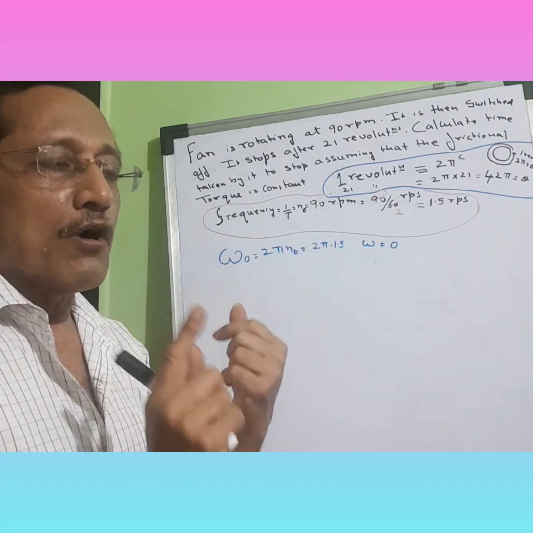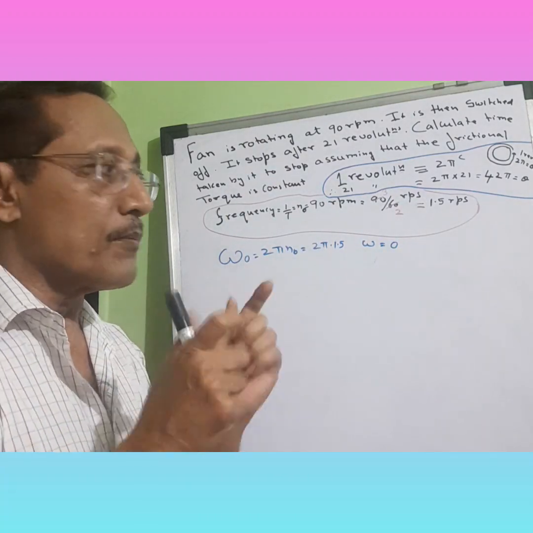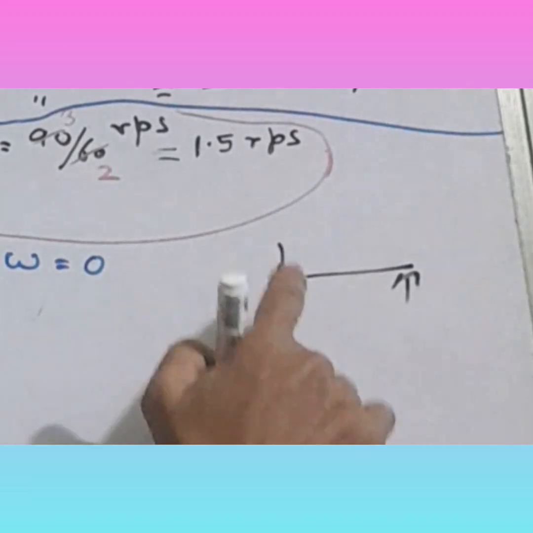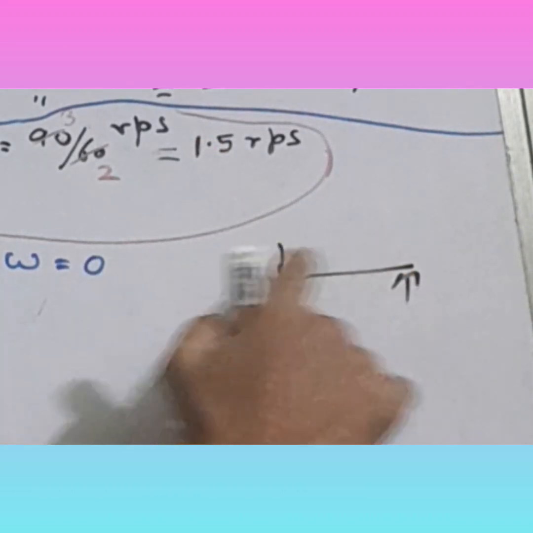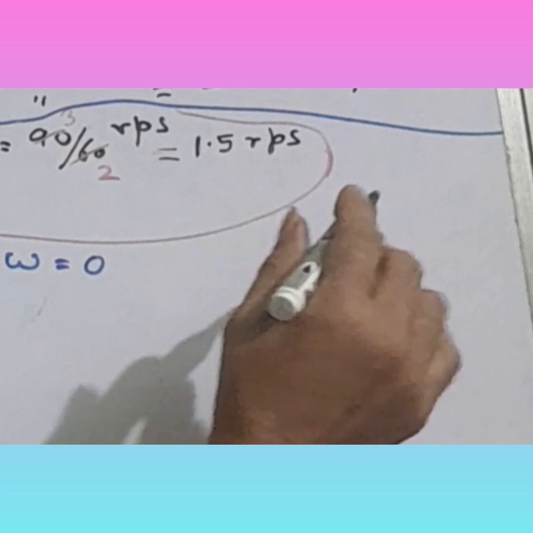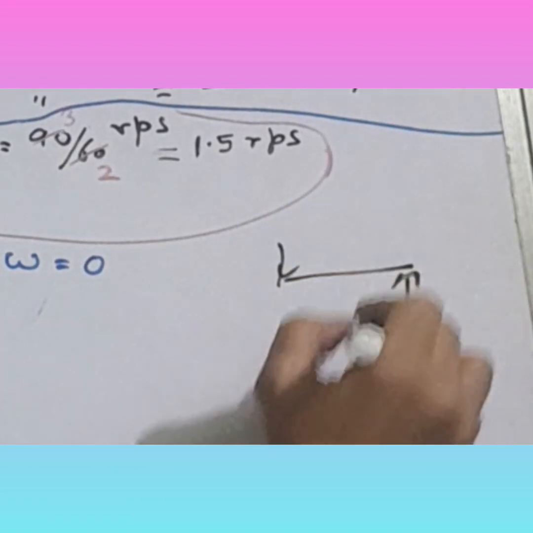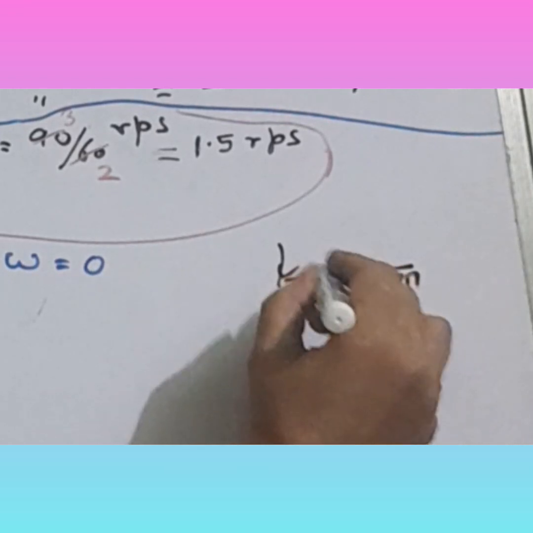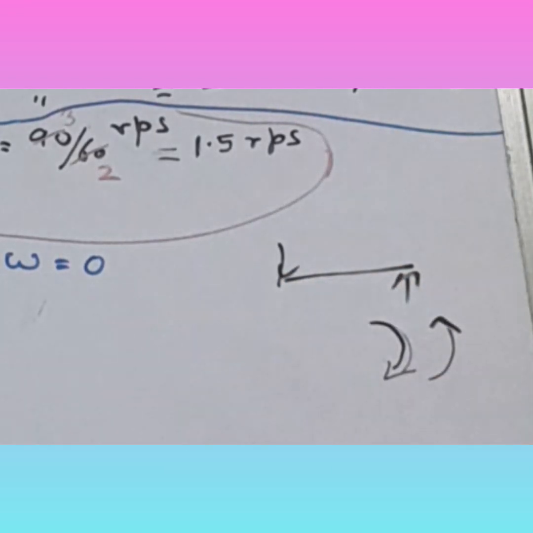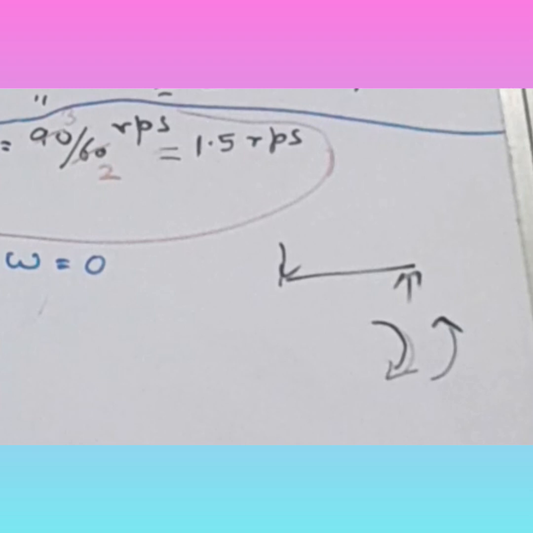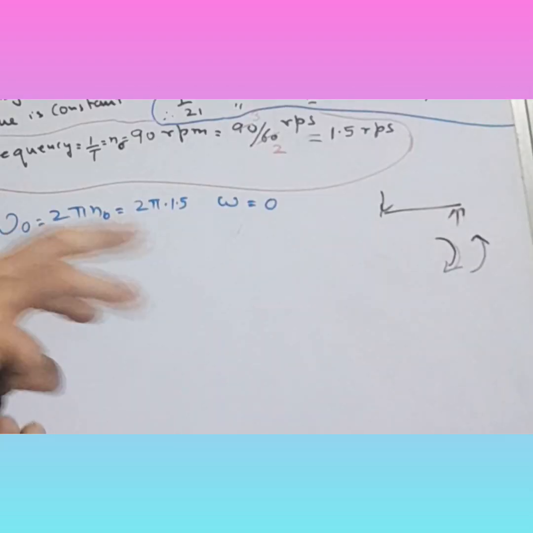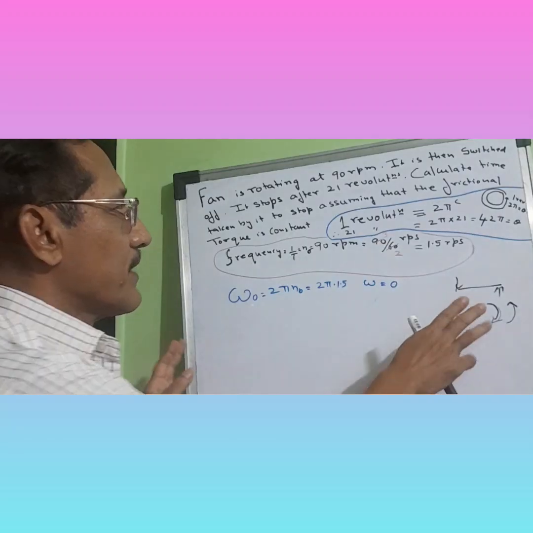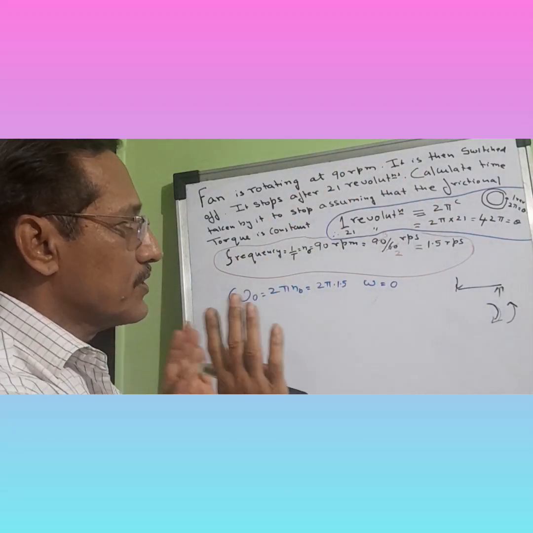I told you torque is two equivalent and opposite forces, two non-collinear equivalent and opposite forces acting on the fan. If the fan is moving this way, then this torque would be in the opposite direction, and this torque would all be going to the ball bearings and all those things which we put into the rotator. So that's the explanation about the sum.